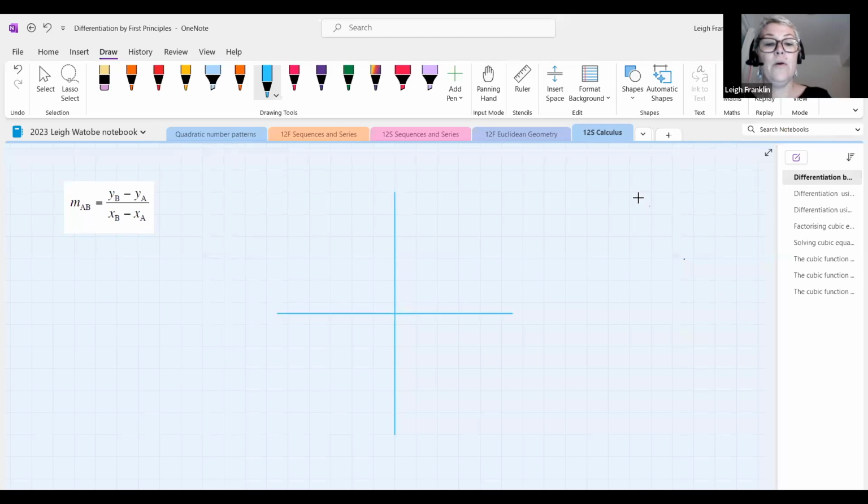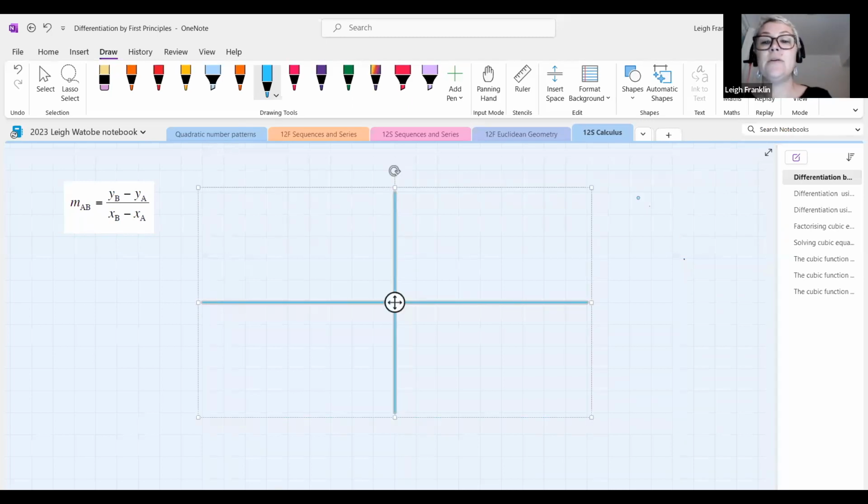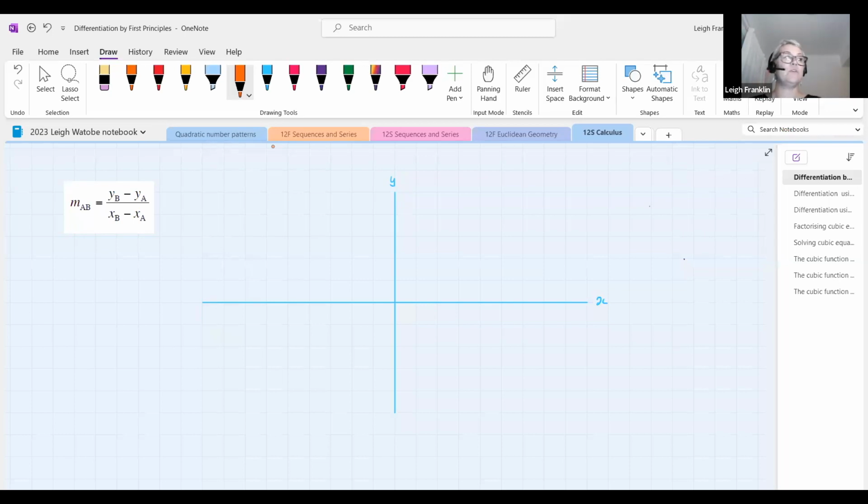There we go. There's a new set of axes for us. So there's our X, there's our Y. And again, I'm going to draw something that looks a bit rounded, but I'm doing this on purpose. Okay, so let's say, it looks like this. Sorry, it's so difficult to draw a parabola over there.